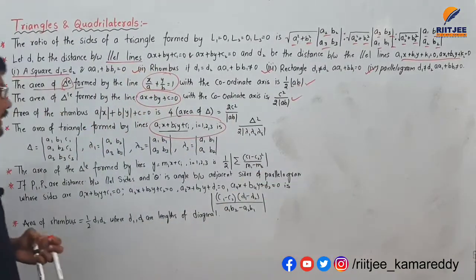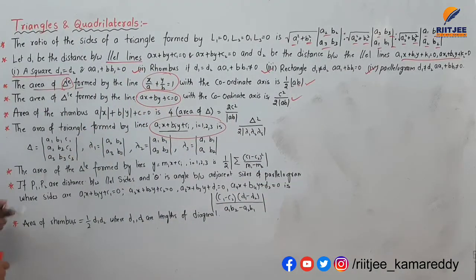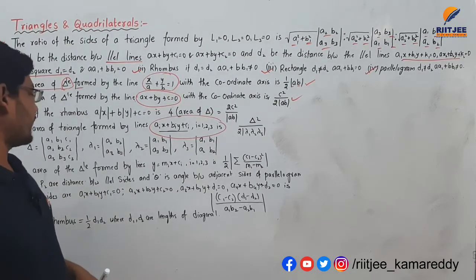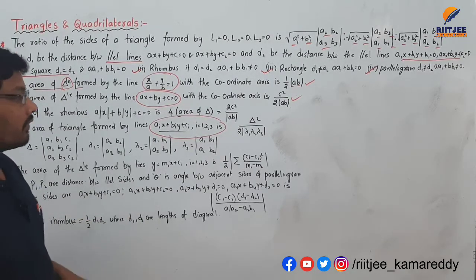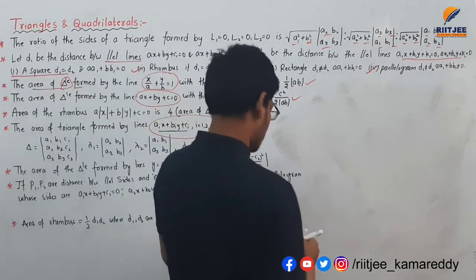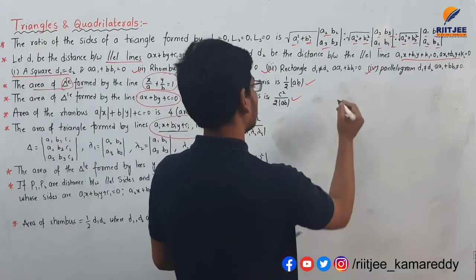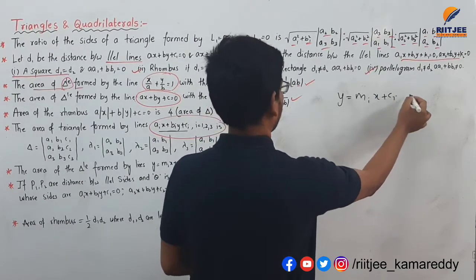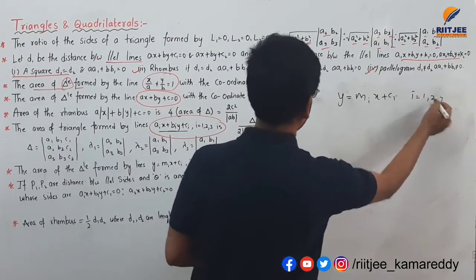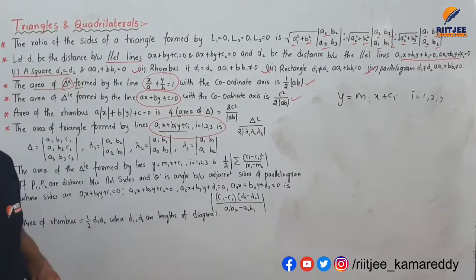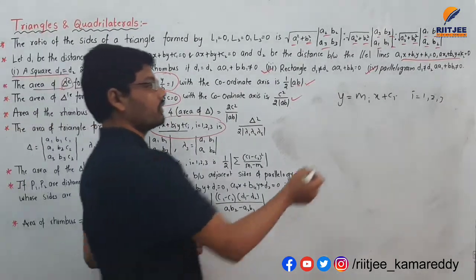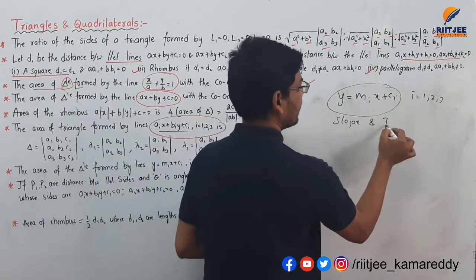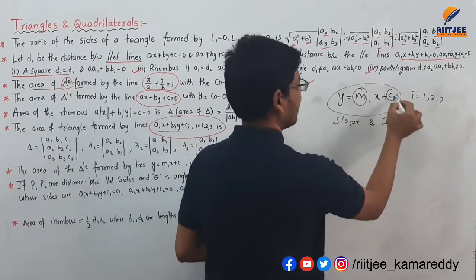And the next point is the area of the triangle formed by the lines. Area of the triangle formed by lines in the form of y equals mi x plus ci, where i equals 1, 2, 3. Here he is given a straight line equation in the form of slope and intercept, where m is the slope and c is the intercept.